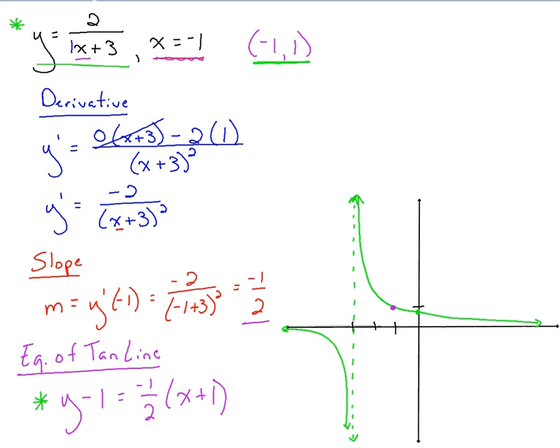So if I do that, counting from this point, I'd go down 1 and then 2 to the right. That'd be a fair secondary point. Now we can sketch our tangent line through those 2 points. I'd say that's a pretty good sketch of the graph.